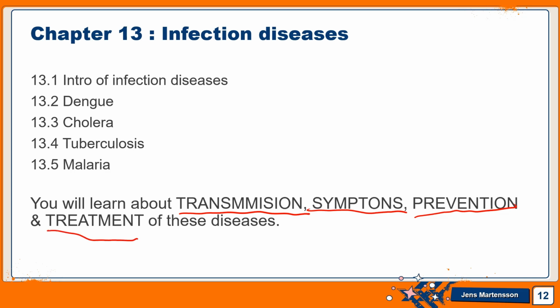And finally, treatment. How do you treat this disease? So for these 4, you have to know: transmission, symptom, prevention, and treatment. Just these four things you have to know. You have to know all.